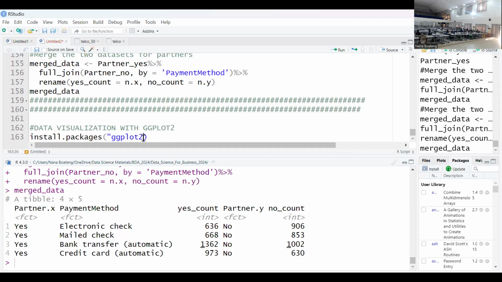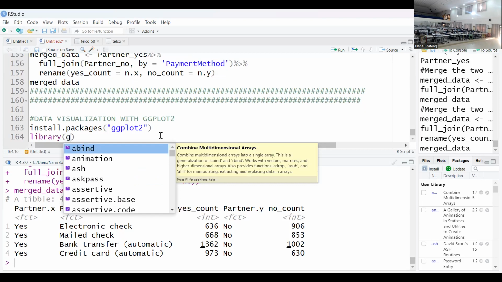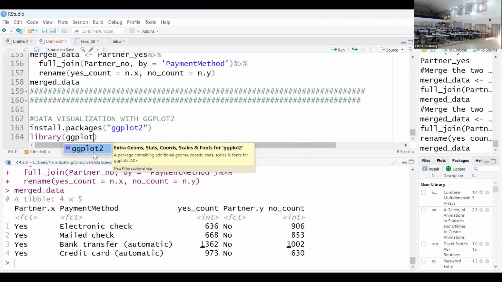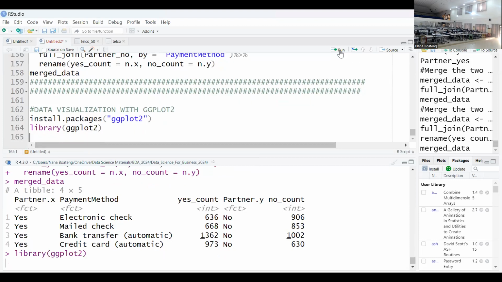The GG means grammar of graphics. I have it already, so I don't need to install it, but you have to. When you finish, call it from the library, ggplot2. When you are done, let me know.